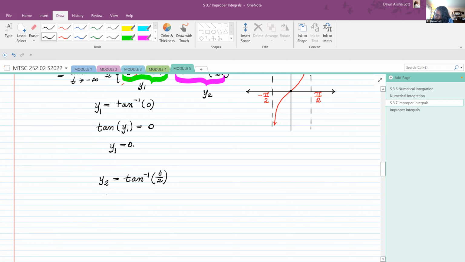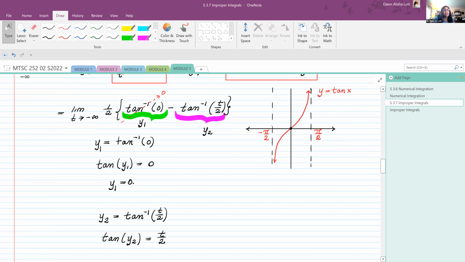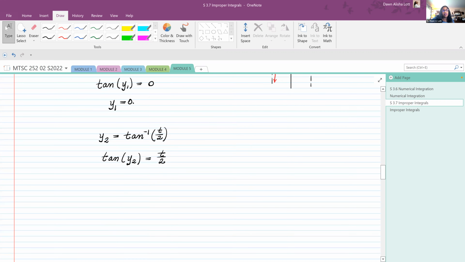So now if I take the tangent of both sides, I get the tangent of y2 is equal to t over 2. So now we have a limit in front of this. We have a limit and a 1/2. And then we have the tan inverse of 2 over t. Okay, so what happens to this piece? We're not going to worry about the 1/2 yet. We get the limit as t approaches negative infinity of the tangent of y2 is equal to t over 2.